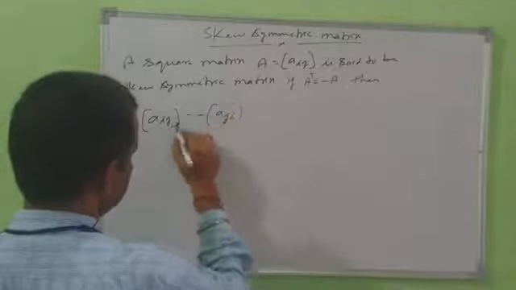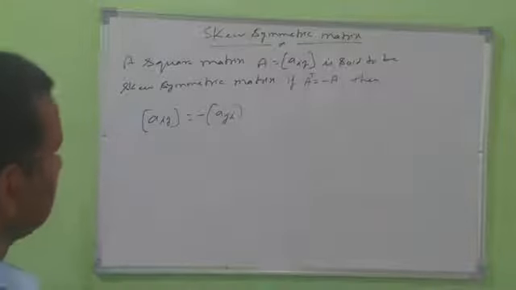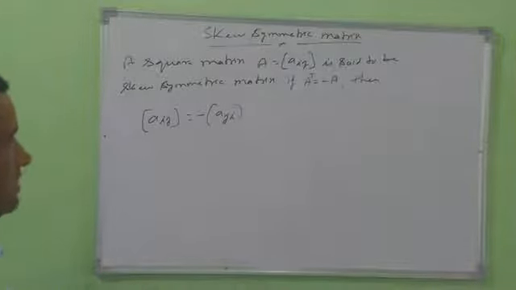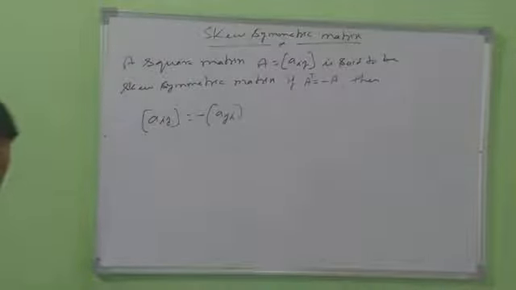The sign will be changed here. In this condition, you can say this type of matrix is called a skew symmetric matrix.